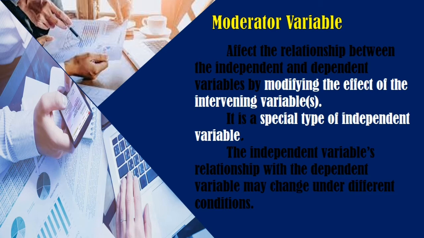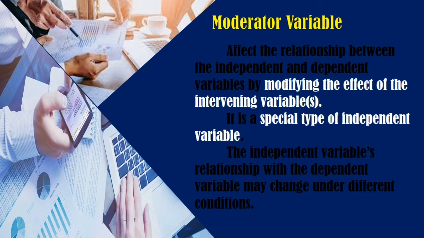of a moderator variable. So, as if the moderator variable is a third party to those variables, that to some degree it might affect the relationship of the first party, that is your independent variable, and the second party, that is the dependent variable.